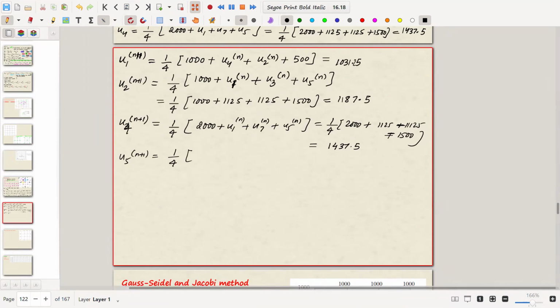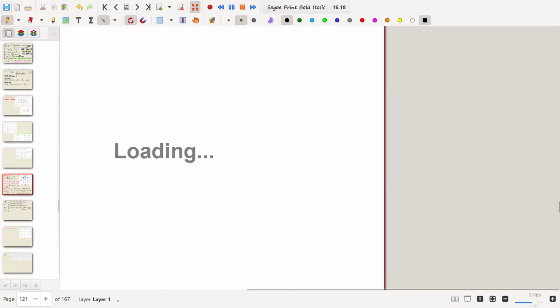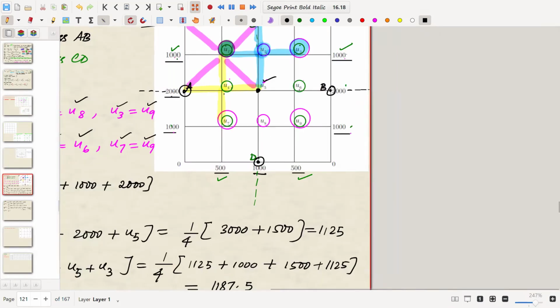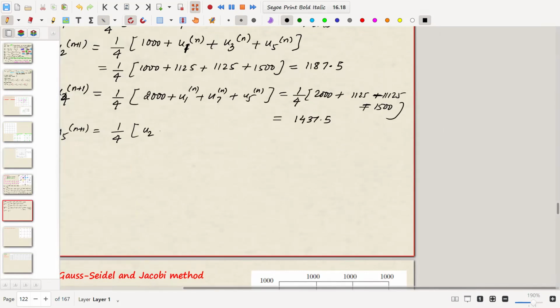Adhyans and Saji will tell. U5 of n plus 1 is equal to 1 by 4 of, tell. U2 plus U4 plus U6 plus U8 divided by 4. U2 plus U4 plus U6 plus U8.